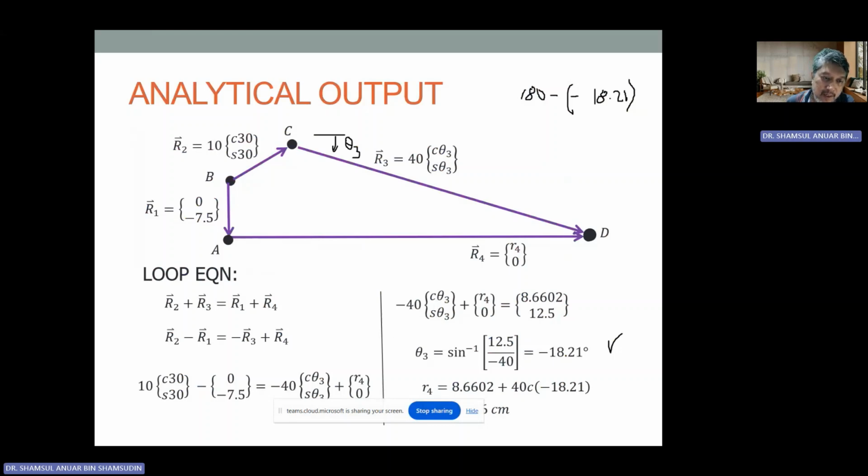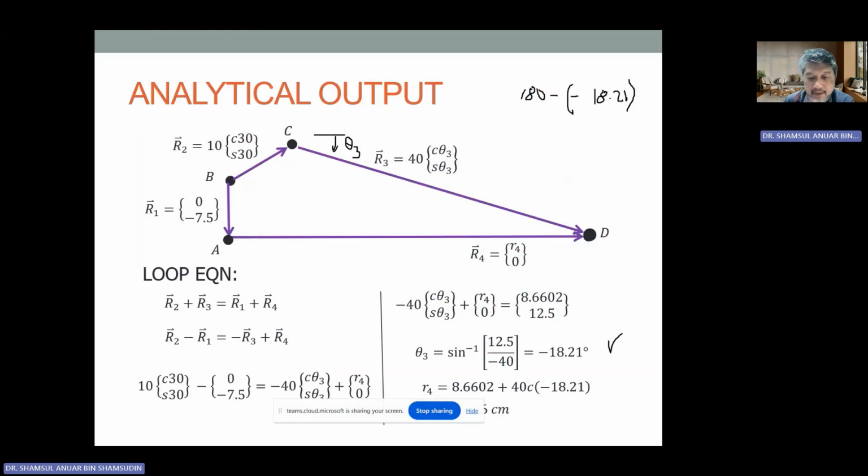So with the same theta 2 at 30 degrees, you can get theta 3 pointing that way, or R3 pointing this way. So that's the second possible solution, which is incorrect. According to this sketch, we need theta 3 to be a negative number, so that is correct.